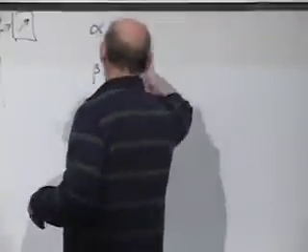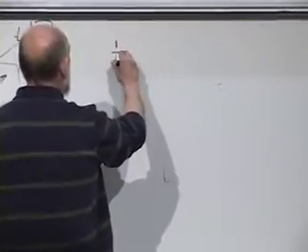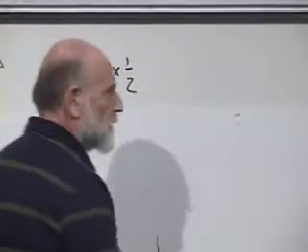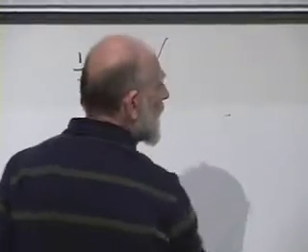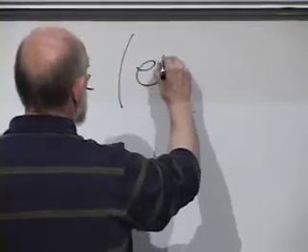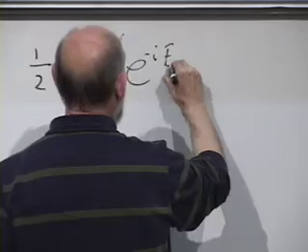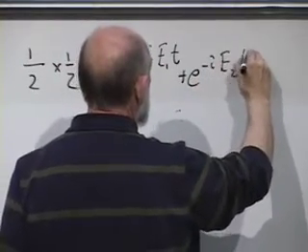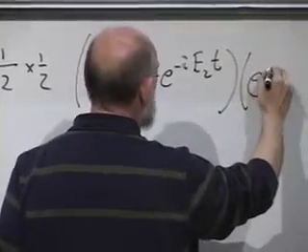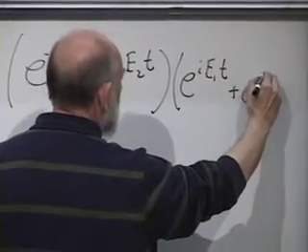Okay, so let's see what comes out. We're going to have 1/2 times 1/2 when I square this. Let's pull out the factor of 1/2 and square it. And then we're going to have e to the minus i E1 t plus e to the minus i E2 t, all times e to the plus i E1 t plus e to the plus i E2 t.